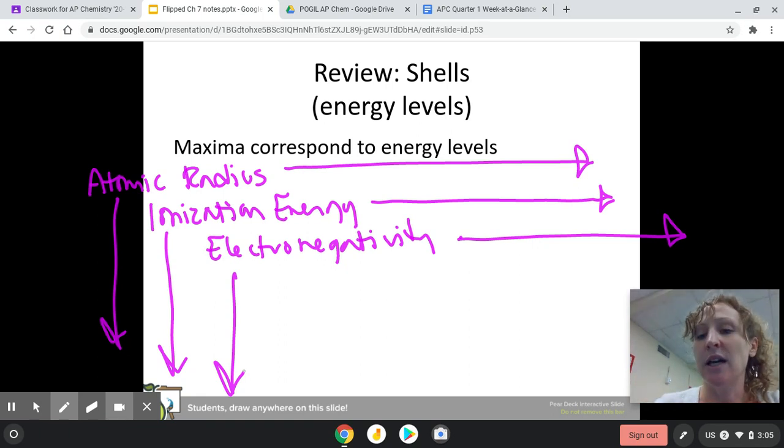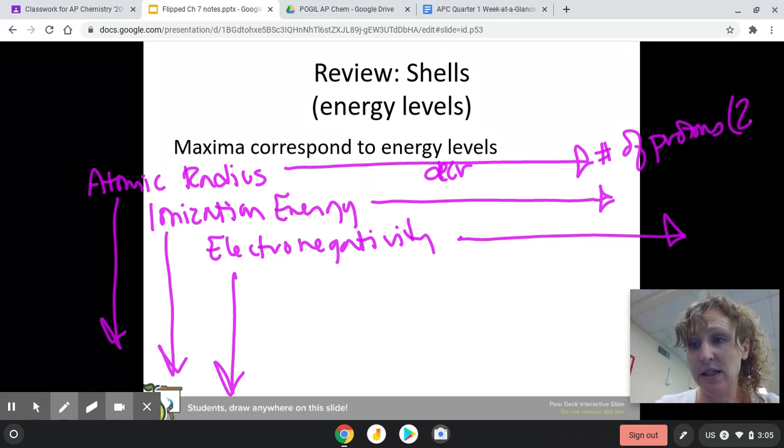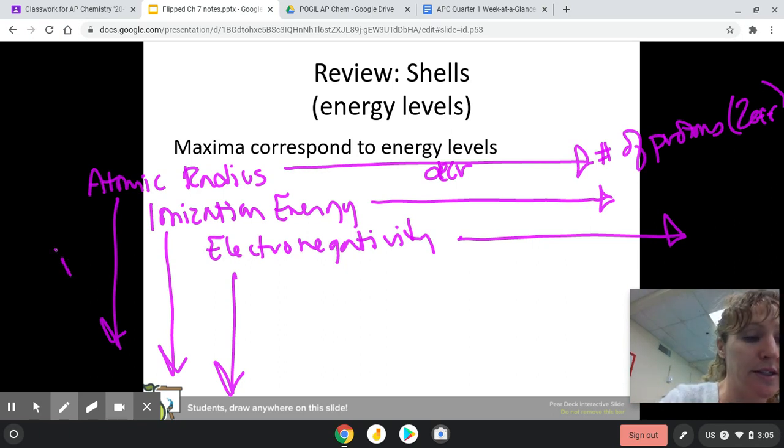So it decreases, and that's because the number of protons is increasing, and that's where we get into Z effective. Z effective is increasing, so the electrons are getting pulled in, pulled in, pulled in. Atomic radius top to bottom is going to increase.